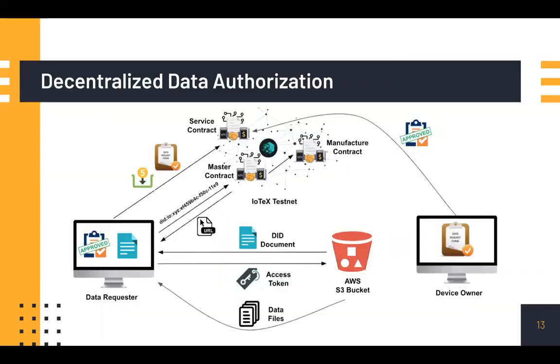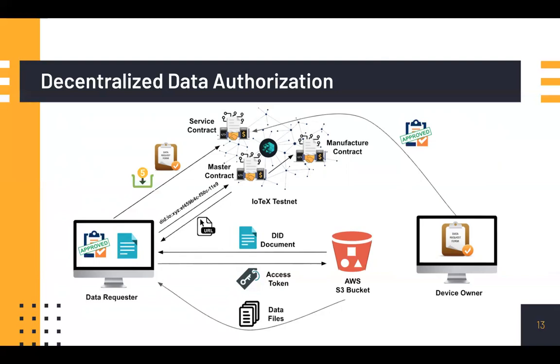The last step in our system is the decentralized data authorization. This involves the interactions between the device requester and device owner through the smart contract. Basically, the device requester will first need to check what is behind the DID for this device.